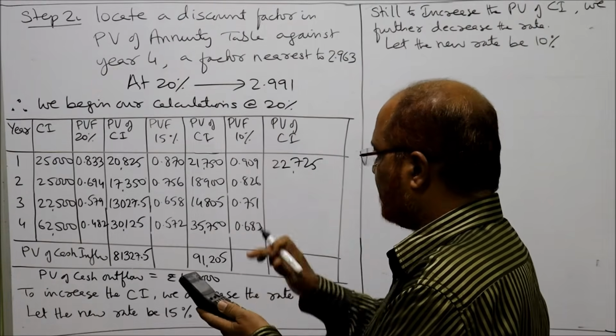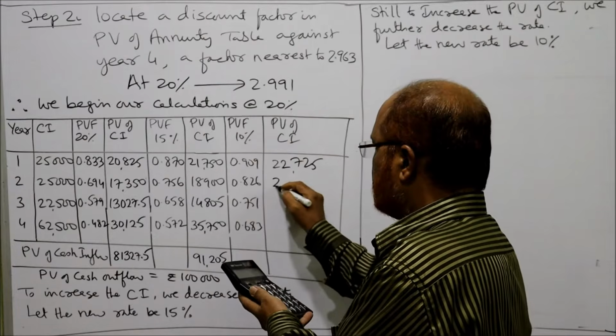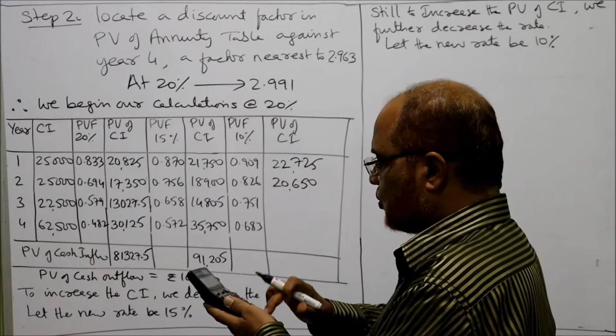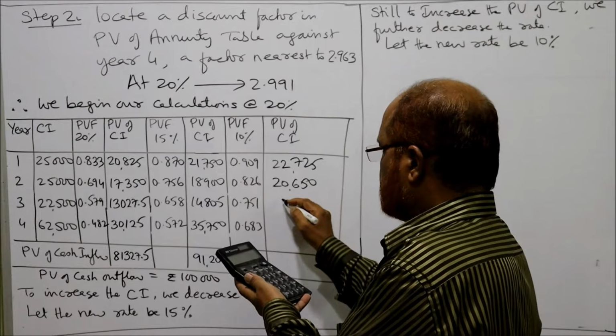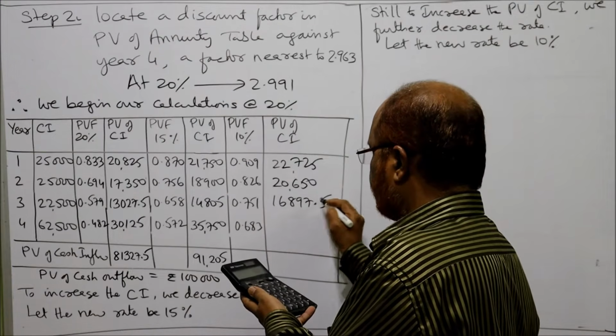Similarly, again 25,000 into 0.826, it is 20,650. Then 22,500 into 0.751, 16,897.5.